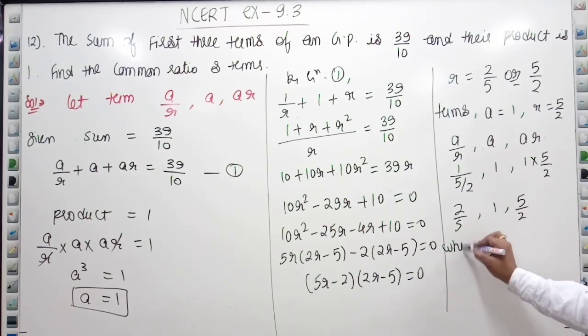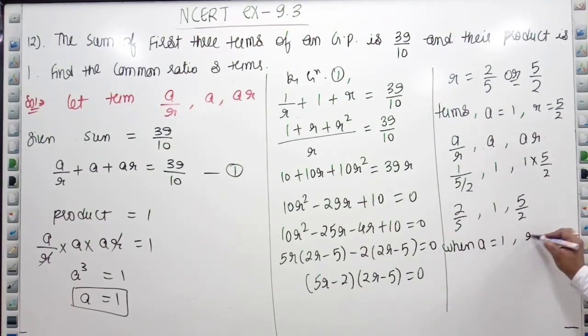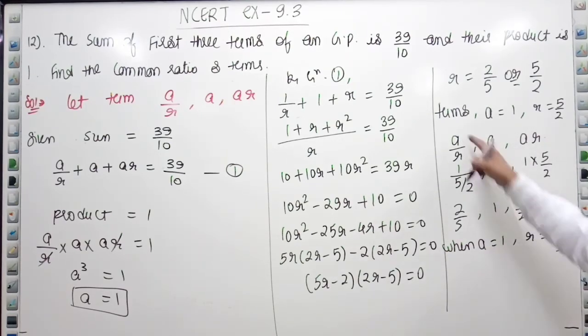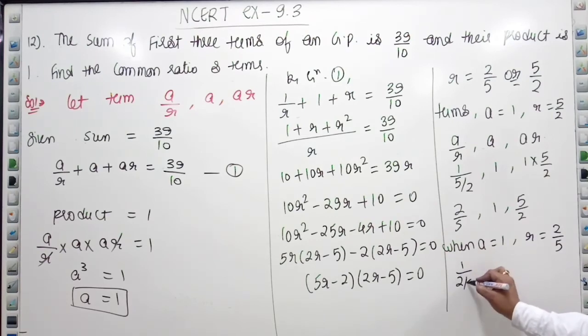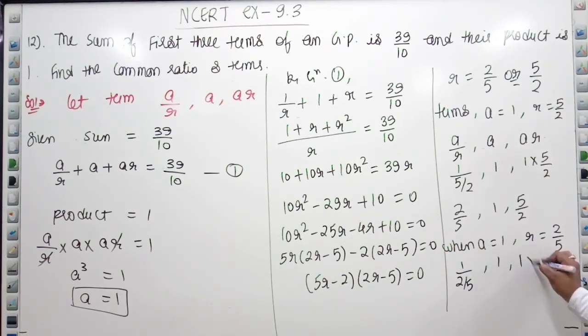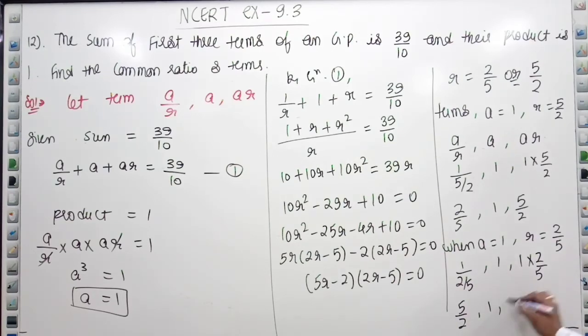And when a is 1 and r is 2 by 5, a by r is 1 upon 2 by 5, which is 5 by 2, then 1, then 2 by 5. Means we'll get the same terms, but the order will be reversed, right? So we need to calculate in both ways, and this is the answer.